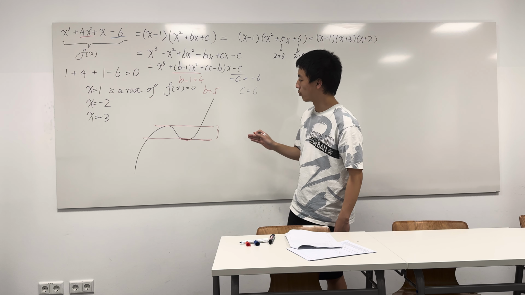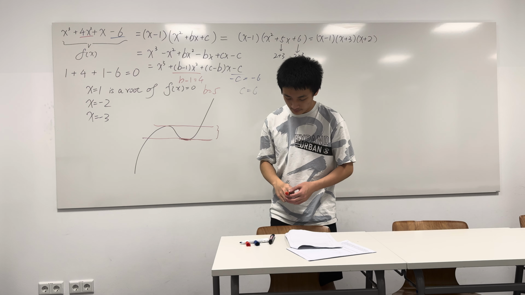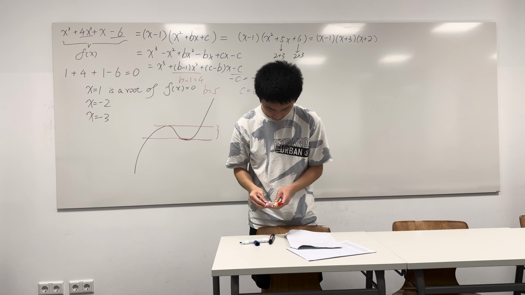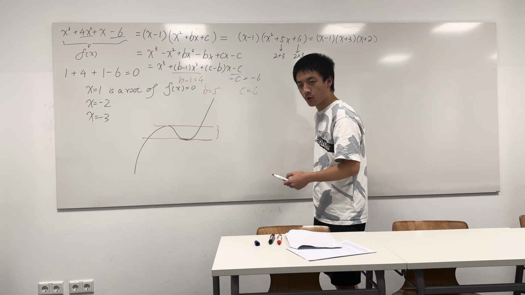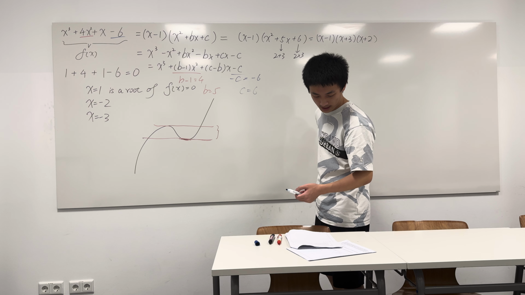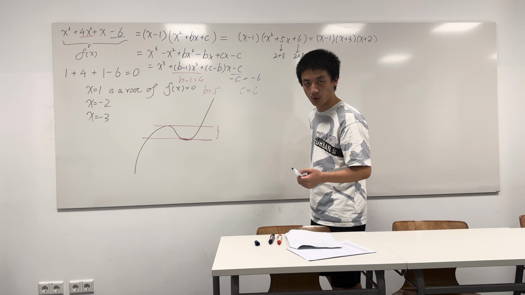Instead, it's many-to-one. Therefore we have to think about when x is more or equal to what, the graph is one-to-one.